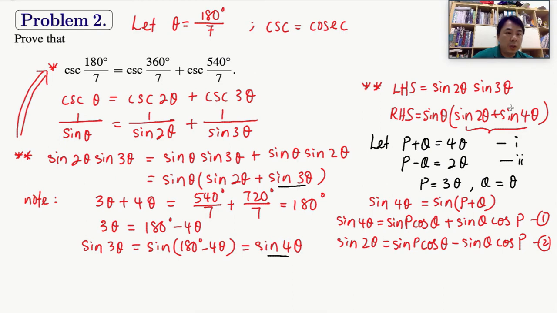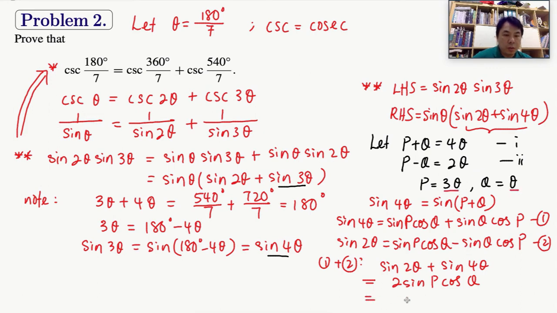And then because I want to obtain the addition here, if I sum up 1 and 2, I will get sine 2 theta plus sine 4 theta must be the same as 2 sine P cos Q. And then what is my P and Q?